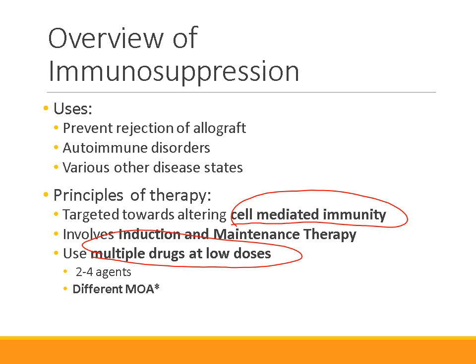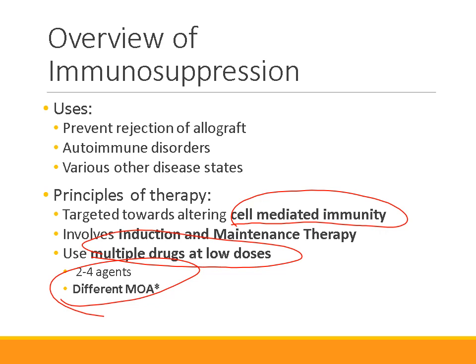In order to minimize toxicity, we can give multiple drugs that are affecting different parts of immune activation. And we can give those drugs at lower doses, and that allows us to minimize toxicity. One thing that is important, again, is that these drugs should have different mechanisms of action. So, for example, we're affecting T cells, right?